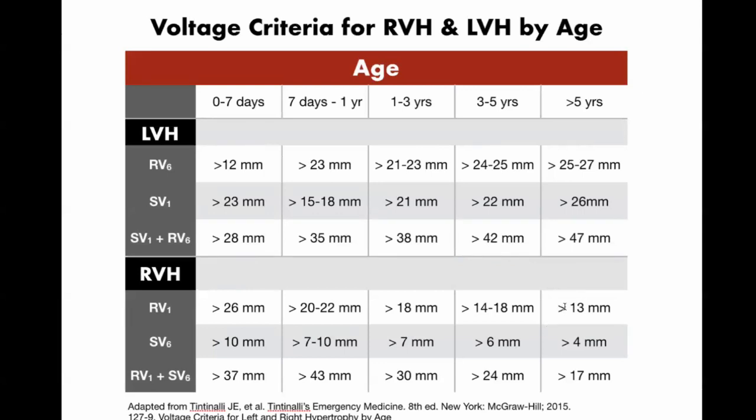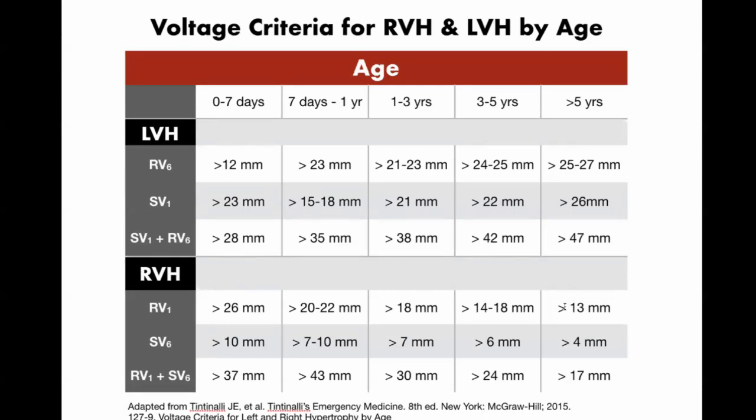So before you diagnose every pediatric patient with ventricular hypertrophy, remember to never trust what the machine tells you. Do not rely on the interpretation of the ECG machine, as it will often over-report. You need to interpret the ECG yourself.